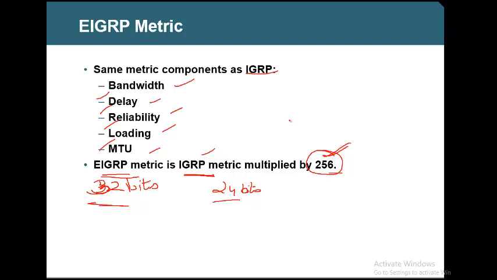EIGRP got 8 more bits than IGRP. So if you see a metric of IGRP, to get the EIGRP metric equivalent to that IGRP metric, you need to multiply by 256. And those things are not really necessary because the protocol IGRP is nowhere seen anywhere, in any route.